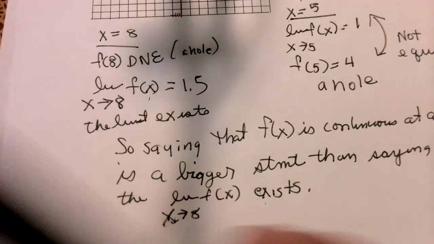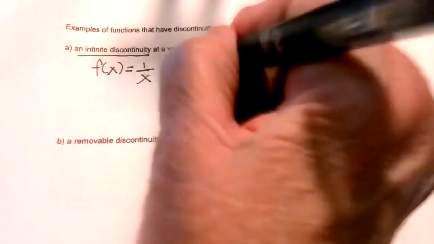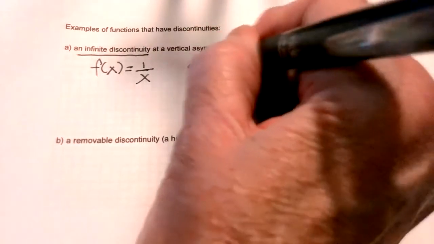Okay, let's see what else we've got. Okay, these are examples of functions that have discontinuities. Here's one. f of x equal 1 over x. Now, this is what we call an infinite discontinuity. There's a vertical asymptote at x equals 0.